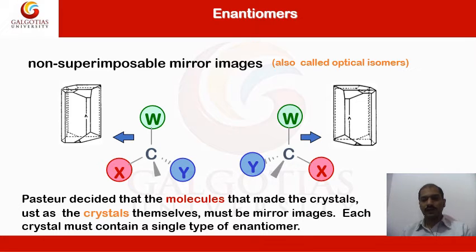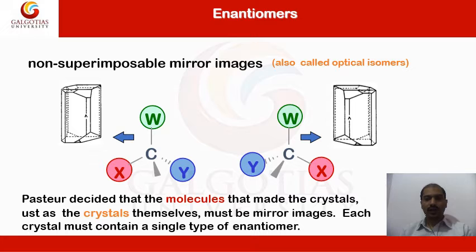You can see this is the mirror image. If you put the mirror here, this Y is just the mirror image of that Y, and once you try to superimpose them, they are not going to be superimposed. So these are non-superimposable mirror images. So these are also enantiomers.